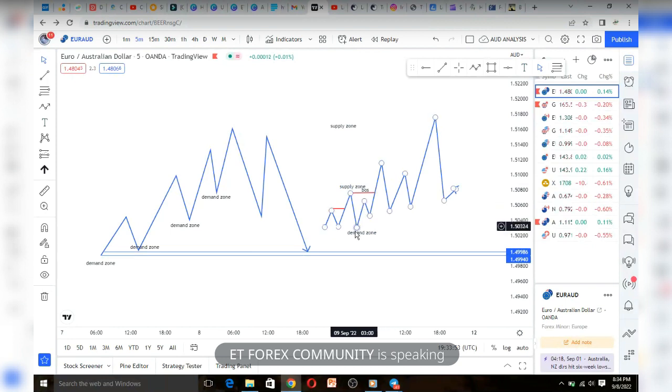It's not this demand zone again, guys, because this demand zone created the supply, and this supply created the demand that broke this higher high, or supply zone, that is higher. So it is this demand zone that broke this supply zone.